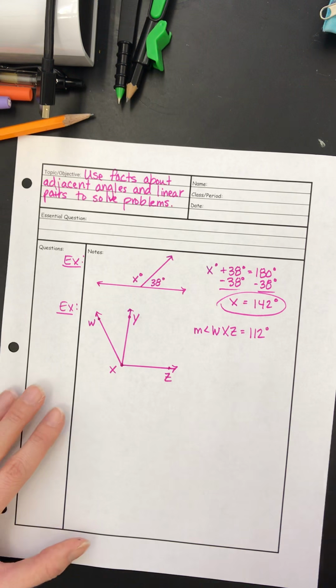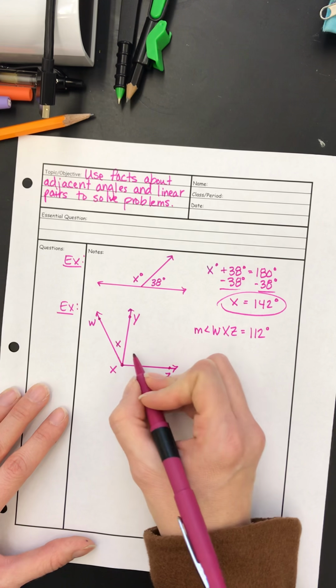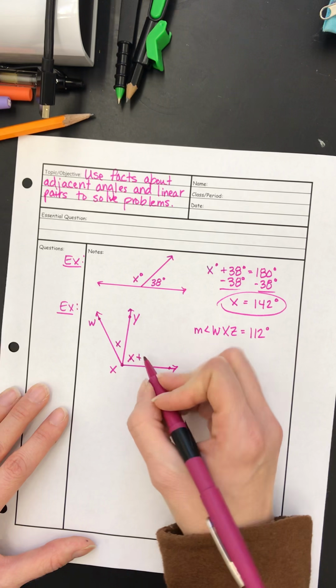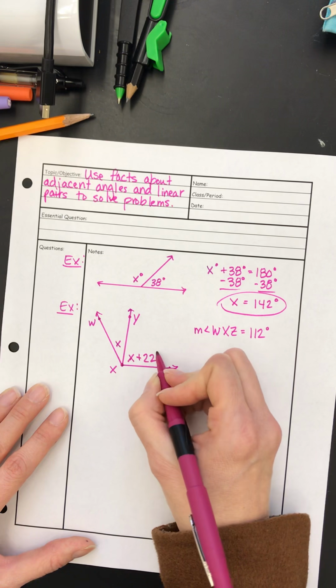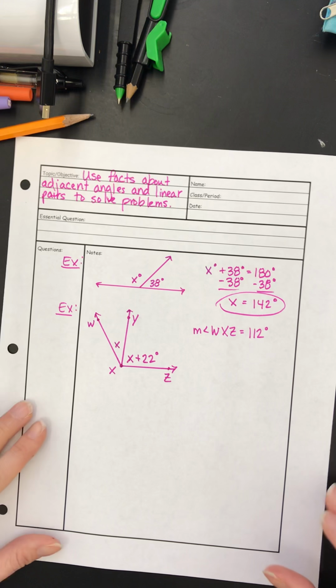Now let's say that this is x and this is x plus 22, okay? And we want to solve for x.